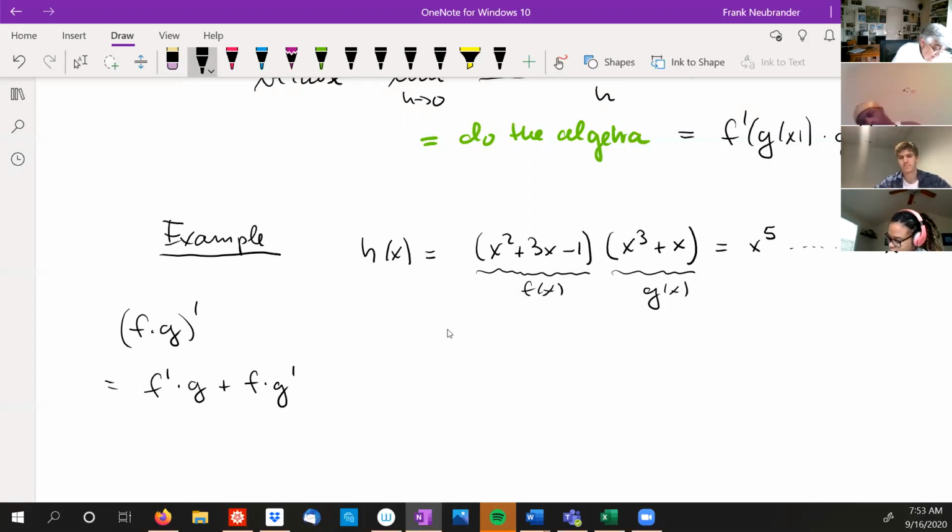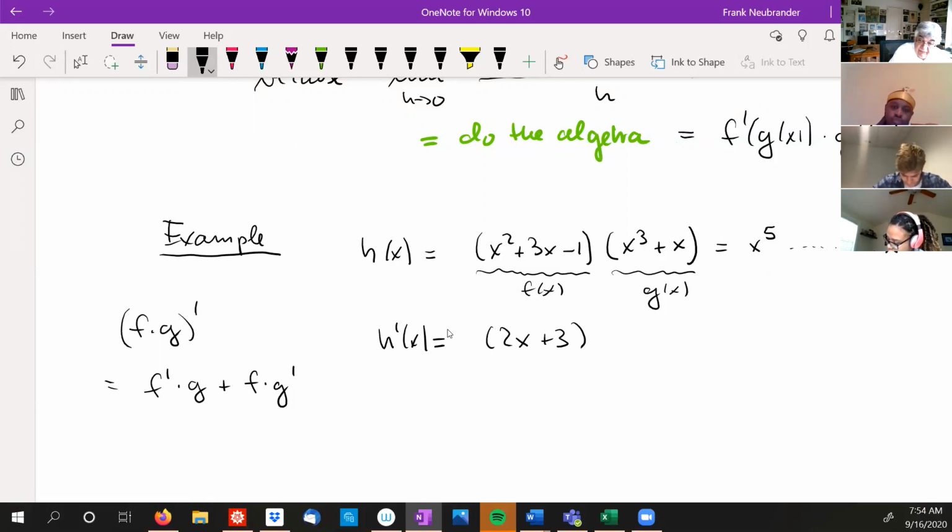So in our case, h prime of x is the derivative of the first function, x squared plus 3x minus 1, which is 2x plus 3. X squared, the derivative is 2x.